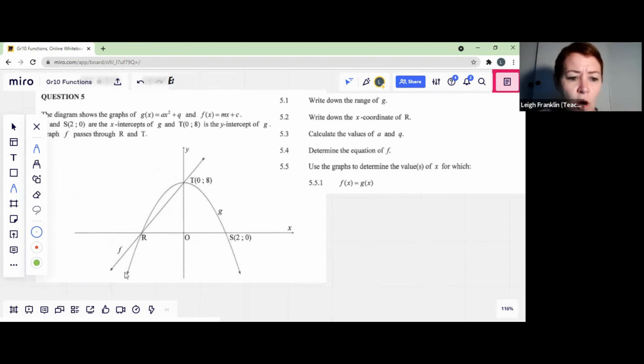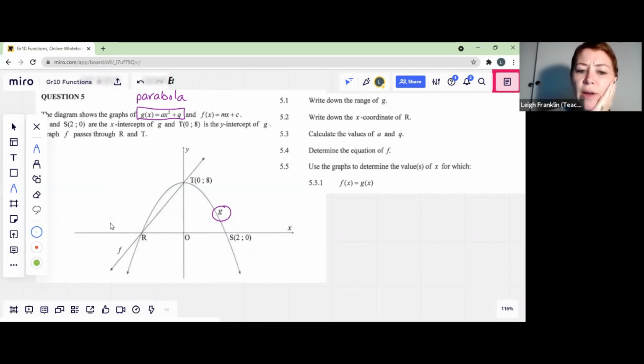So this arch that's on the diagram called G is, and this is its equation over here. This is called a parabola. It's one of the functions that you're going to study in grade 10. And parabolas always make these arch shapes.